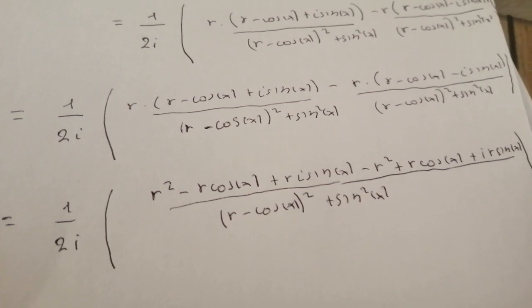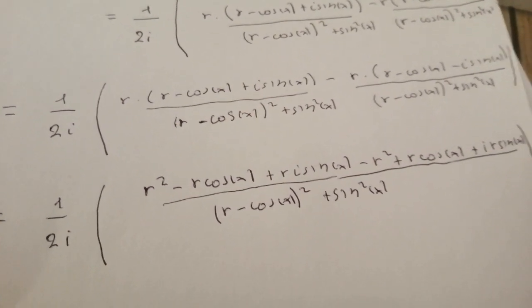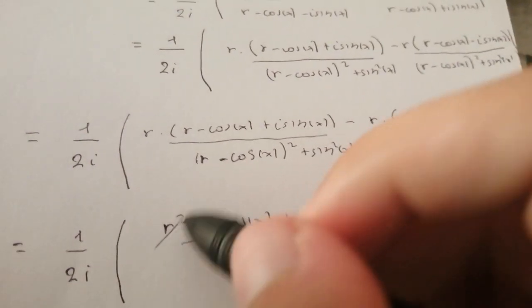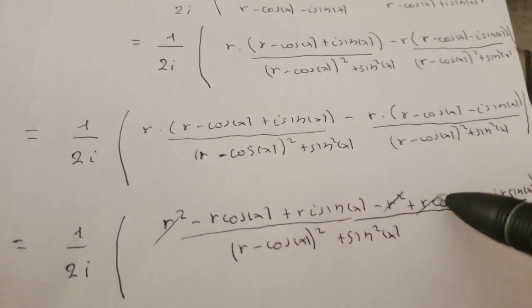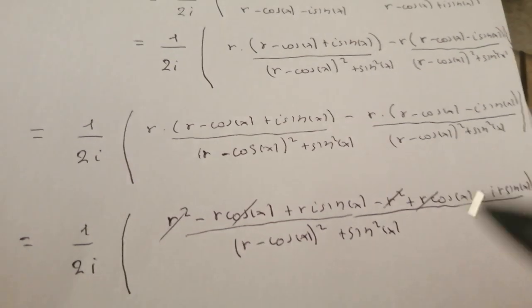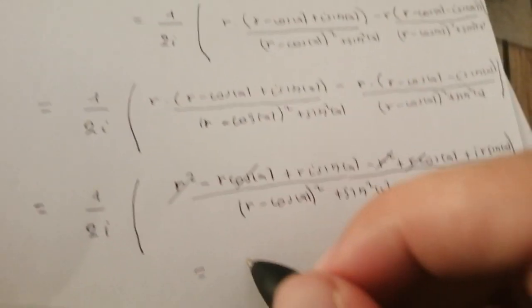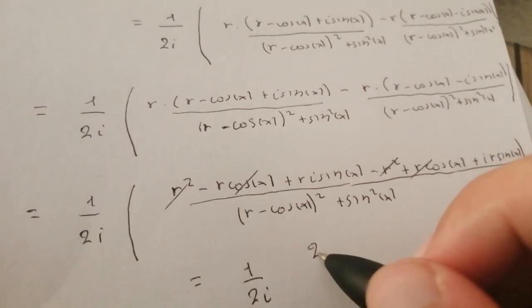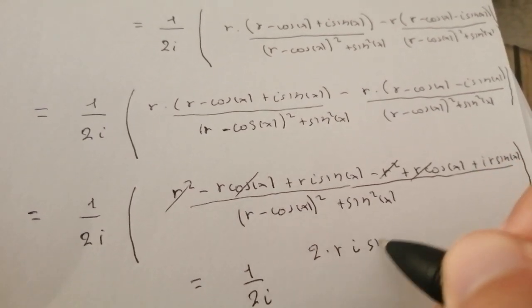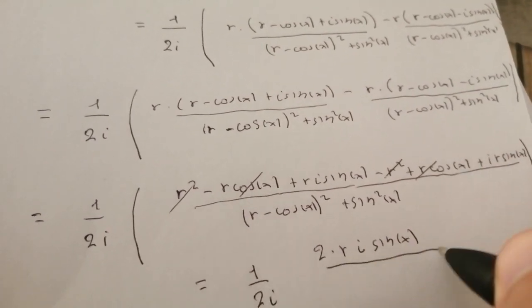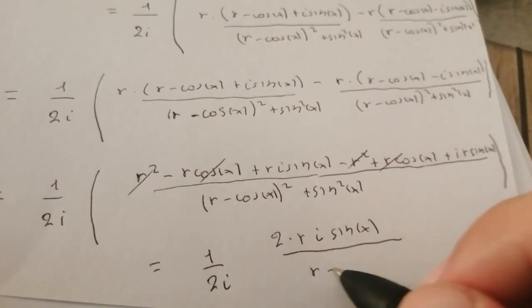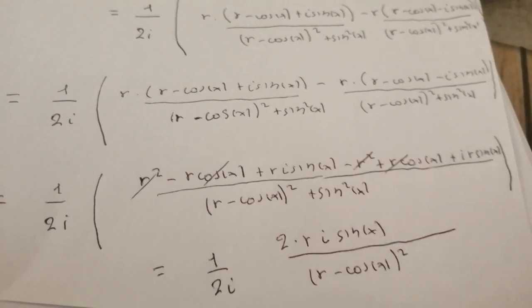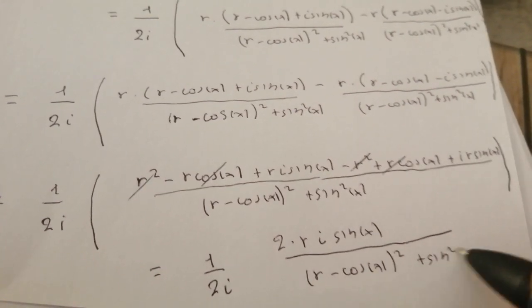Let's see if we can get rid of some terms in the numerator. So r squared with minus r squared, they go away. Also we can remove these terms here. So we end up with 1 over 2i times 2 times r times i sin x over (r minus cos x) squared plus sine squared of x.